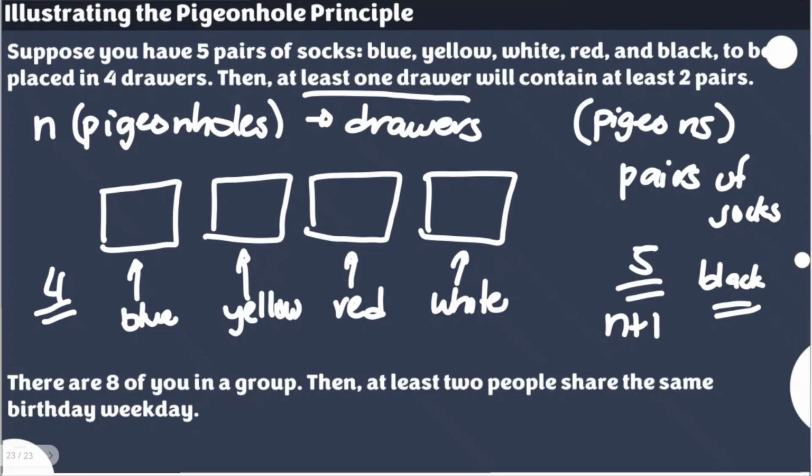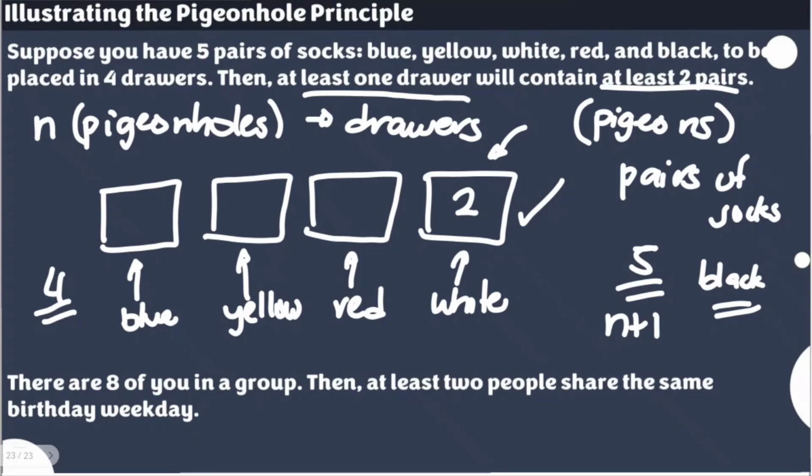That would mean that regardless of where you place the black, this drawer will contain 2, at least one of those 4. That would mean this one here contains 2 pairs.